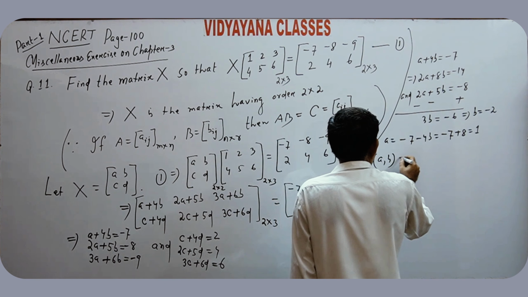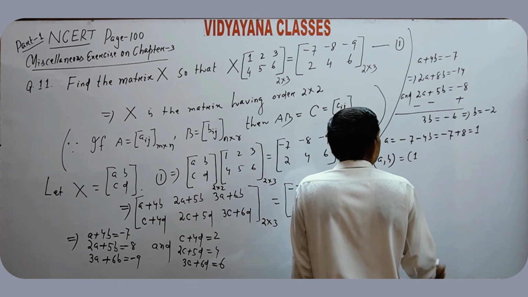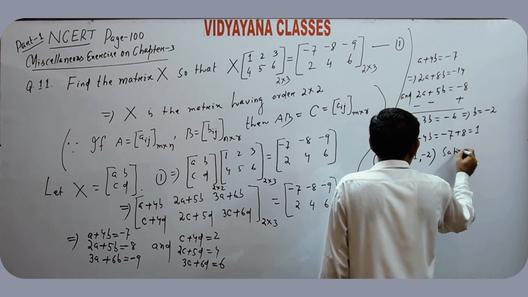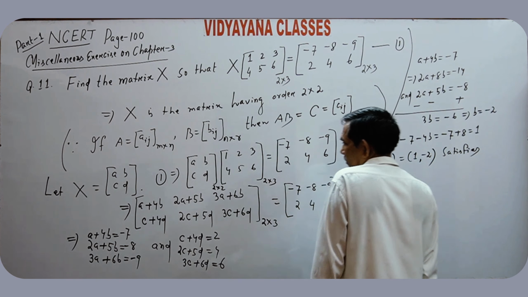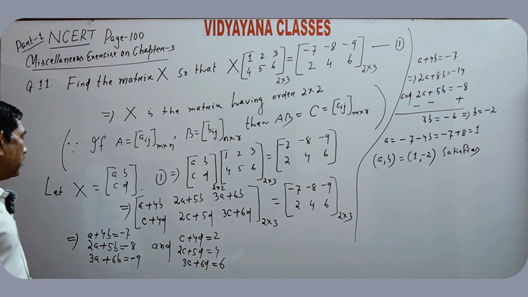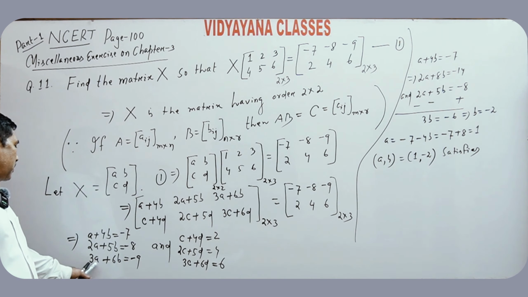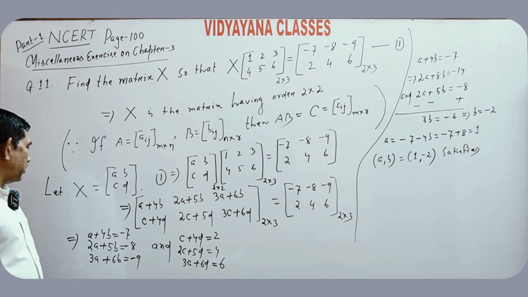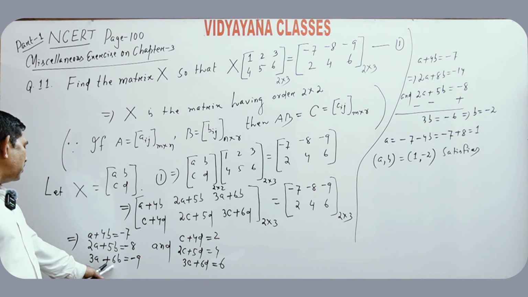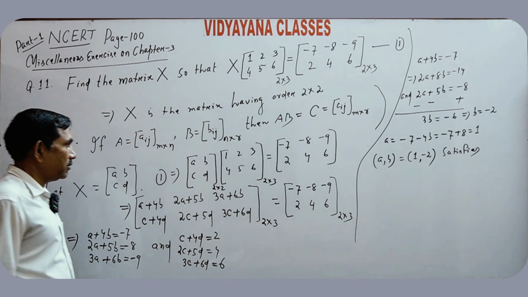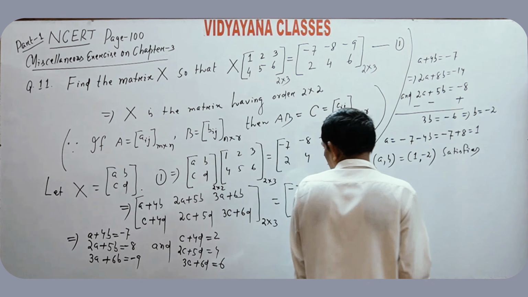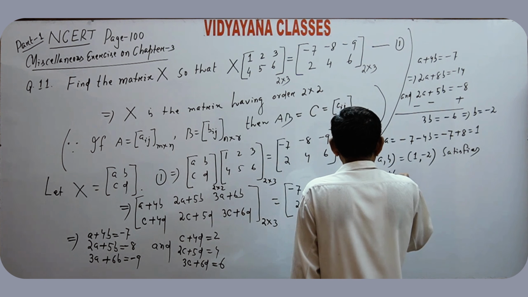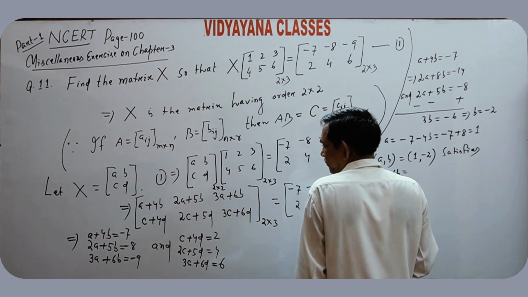The ordered pair A is equal to 1, B is equal to -2 satisfies the third equation. 3 into A, that is 3, plus 6 into B, that is -12, equals -9, satisfies 3A plus 6B is equal to -9.